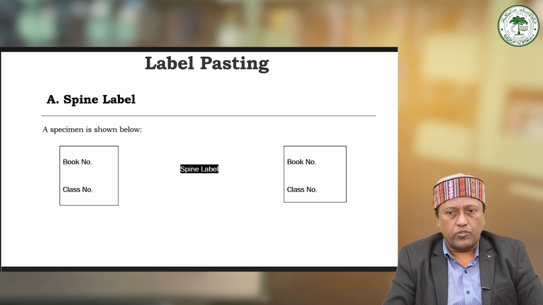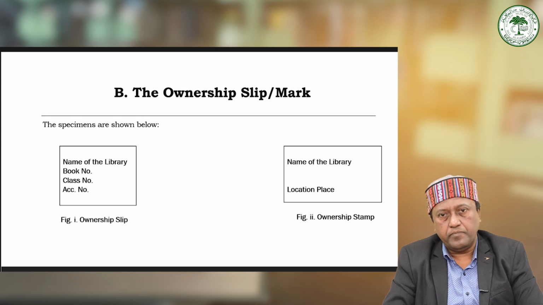In such instances, the label should be affixed at the same level on the front cover board. This is what is to be done. This strategic placement ensures consistency in presentation while maximizing visibility and accessibility to library patrons. This is important here.